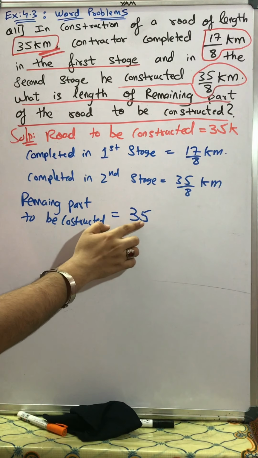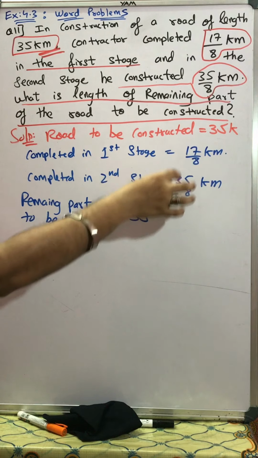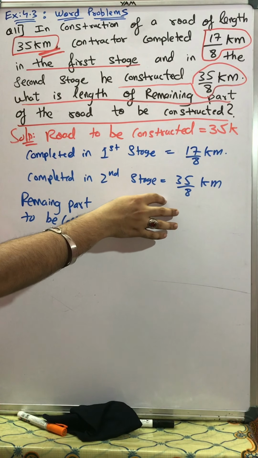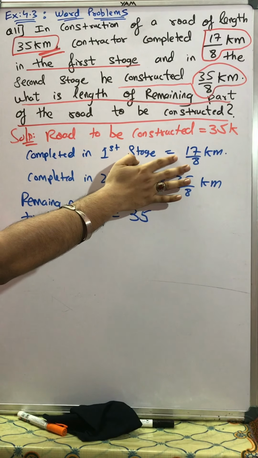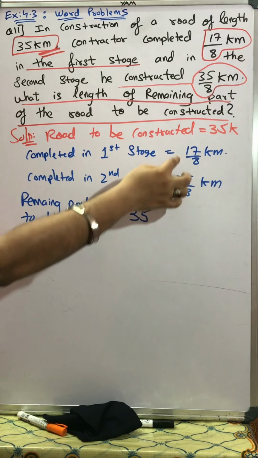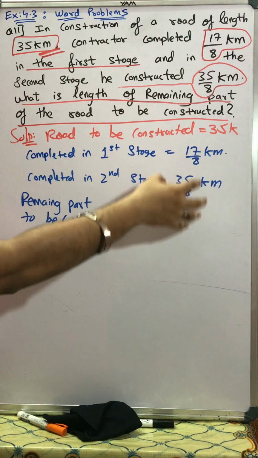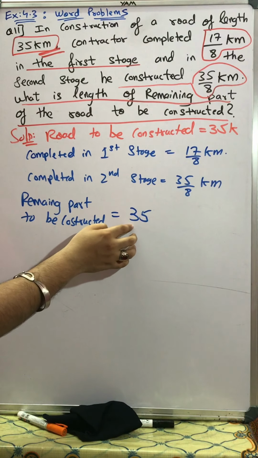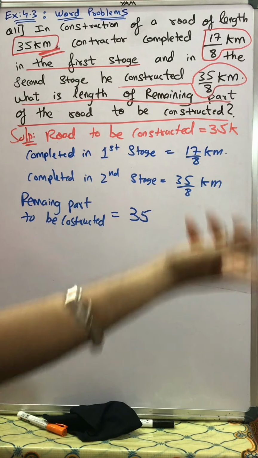Up till now 35 kilometers has not been completed; only these two parts have been completed. So I'll add the work completed in the first stage and the second stage, and subtract the answer from 35. So I'll get the difference which is yet to be completed.